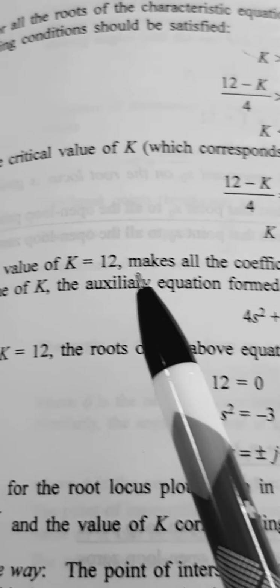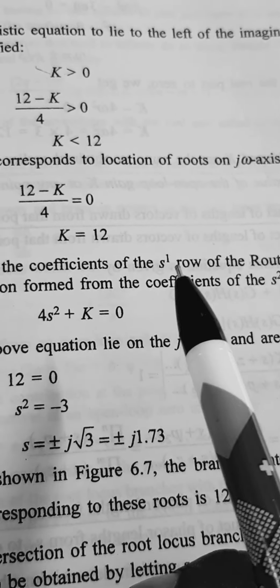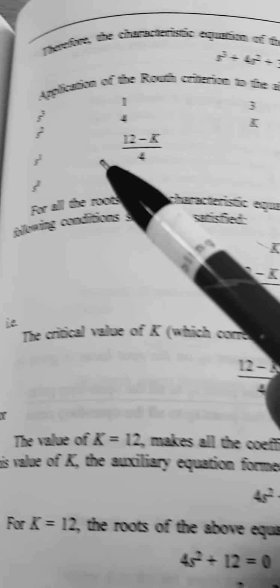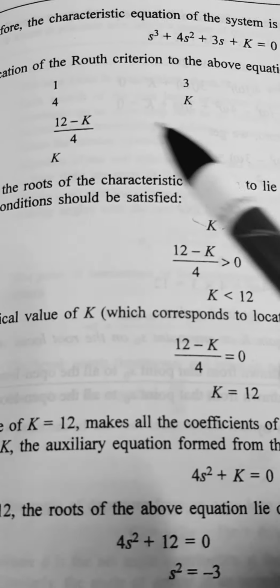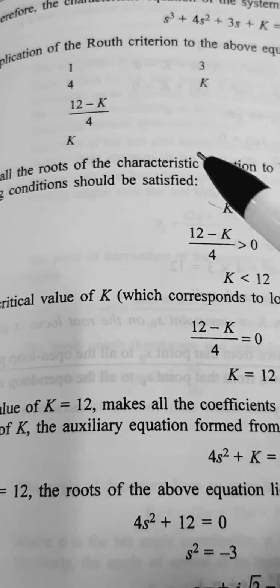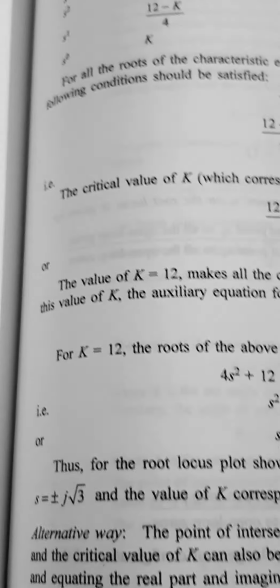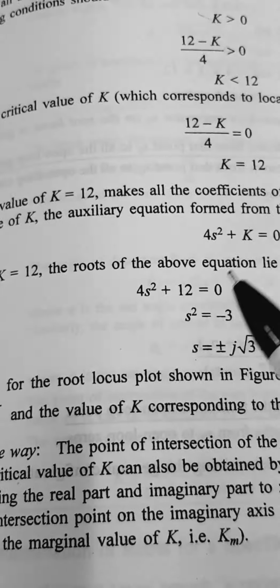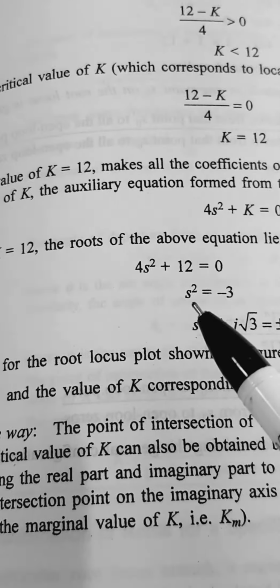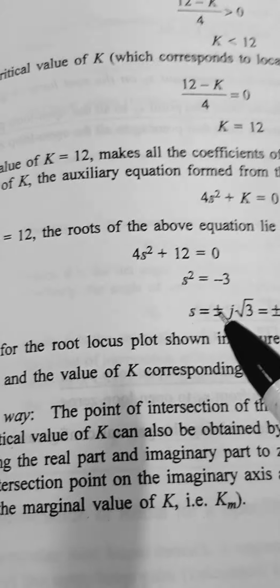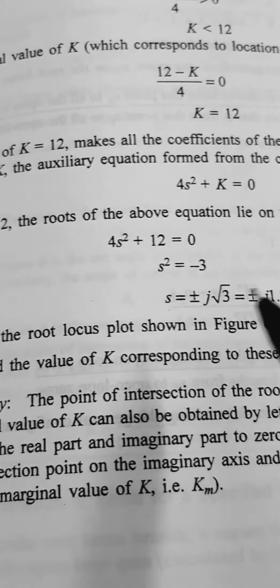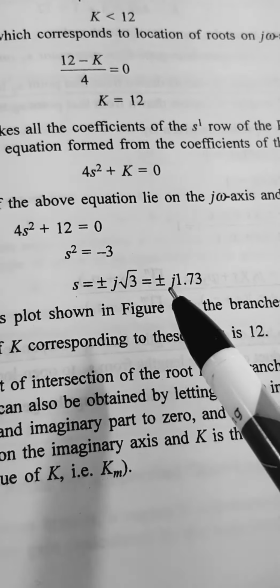Now the value of k equal to 12 makes all the coefficients of the s raised to 1 row of the Routh table 0. So you need to consider the auxiliary equation, that is 4s square plus k is equal to 0. Now substitute k as 12. So you are getting s square is equal to minus 3, s is equal to plus or minus j square root of 3, that is equal to plus or minus j 1.73.